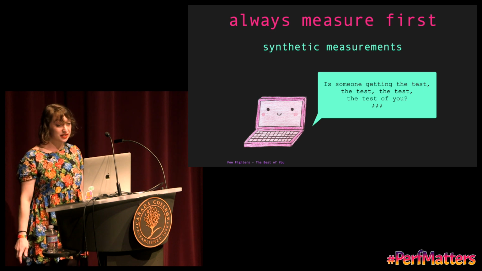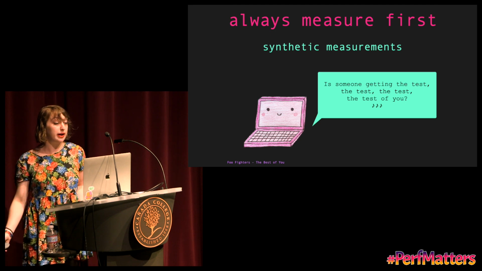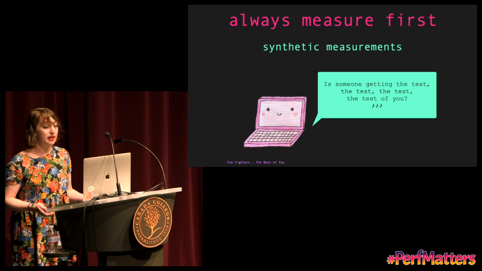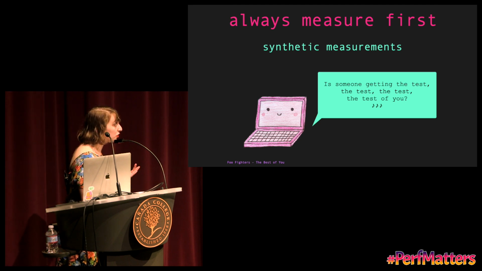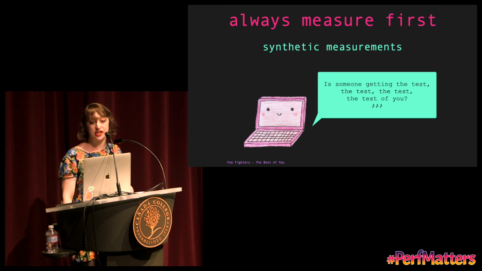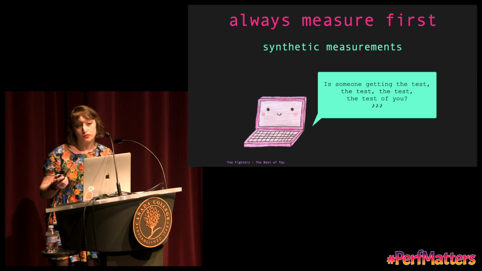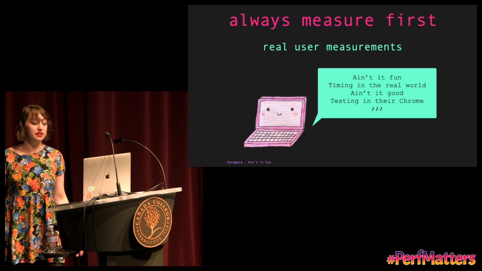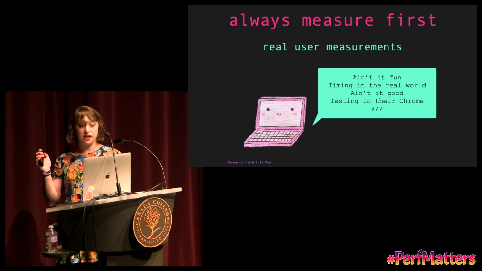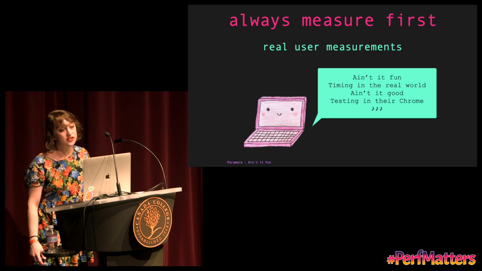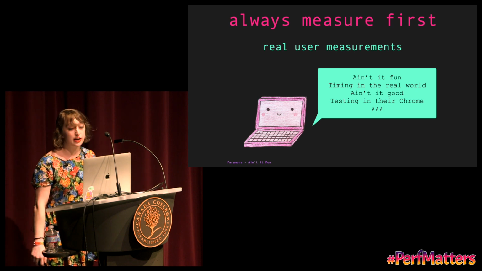Synthetic testing is only half of the performance story, because it's only going to give you insight into how your site is doing under controlled conditions, even if that controlled condition is simulating slow 3G in the network panel. The other side of performance testing is real user testing. Here you can use the resource timing, user timing, and navigation timing APIs right there in your browser.